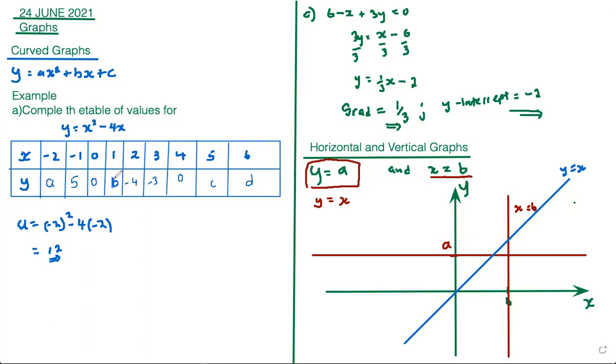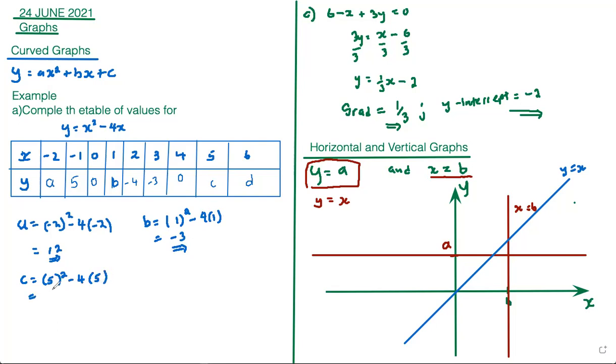Then you go to the next one, B. So Y is B, so B is equal to, where there's an X, you put a 1. It's 1 squared minus 4 times a 1. This gives us 1 minus 4, which simplifies to be a -3. Then we have C, which is equal to 5 squared minus 4 times 5.